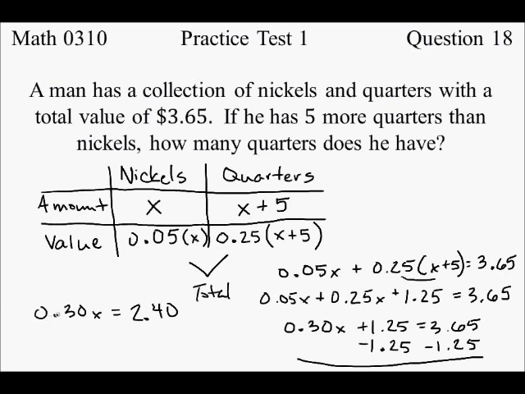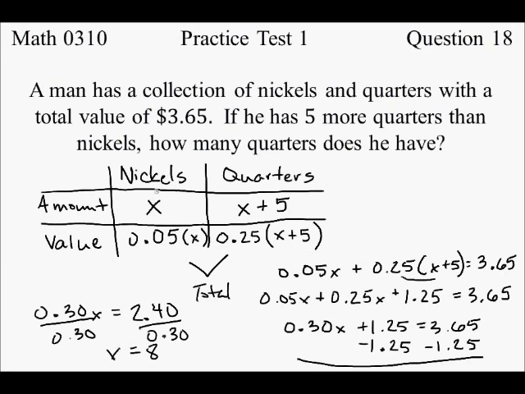We need to divide by that 0.30. And when we divide 2.40 by 0.30, we should get that x equals 8. And so remember, 8 was our x, right? And x is the number of nickels.